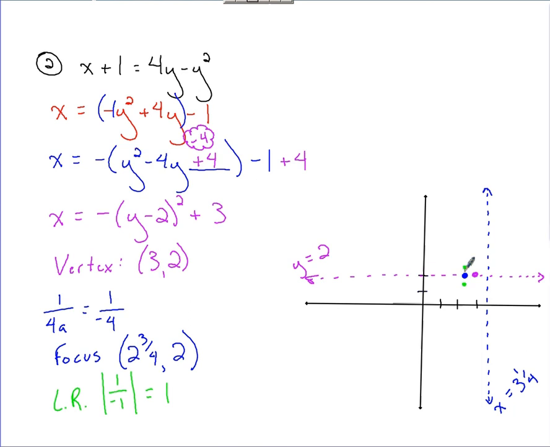That way I ensure the total length is 1. I get 2 other key points here that are going to be on my parabola. I've got my vertex right here, also a key point on the parabola. If I want to sketch the curve in now, I can draw a pretty reasonable sketch of a parabola that is opening to the left.